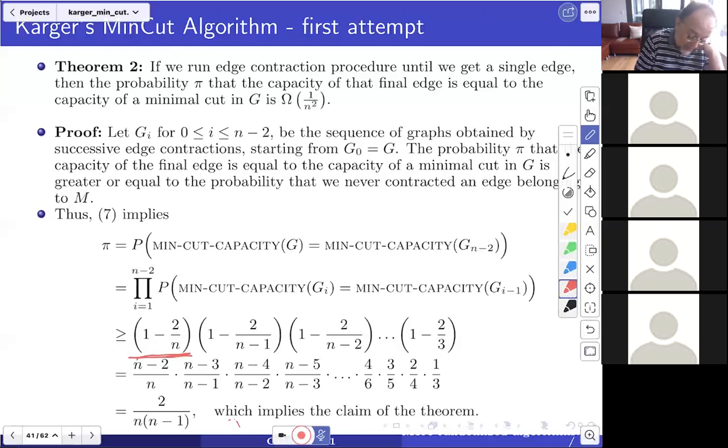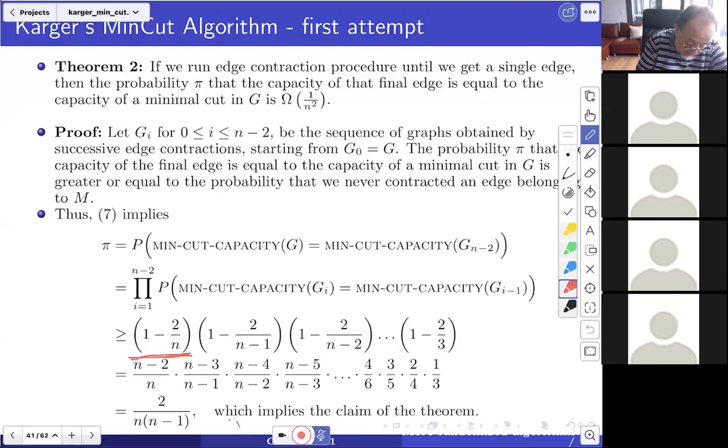Because the probability of fusing things that belong to opposite sides of the min cut does depend on the capacity of the min cut. But just by these rough estimates, you can also produce a bound that is independent of the weights.